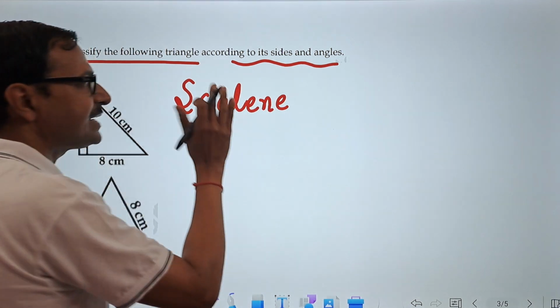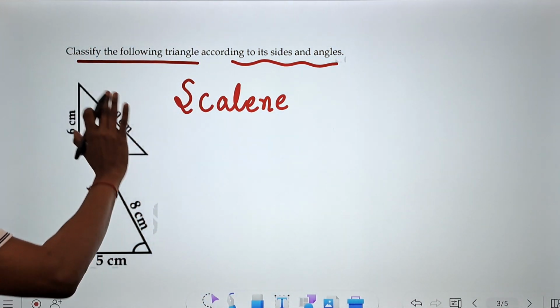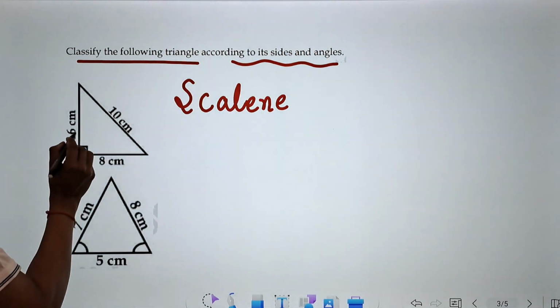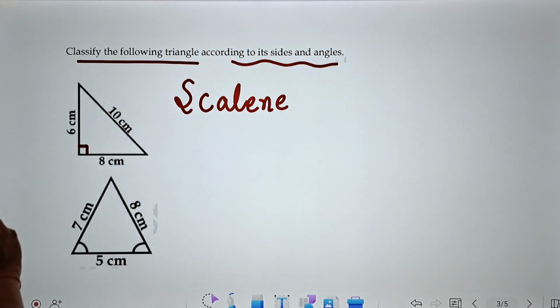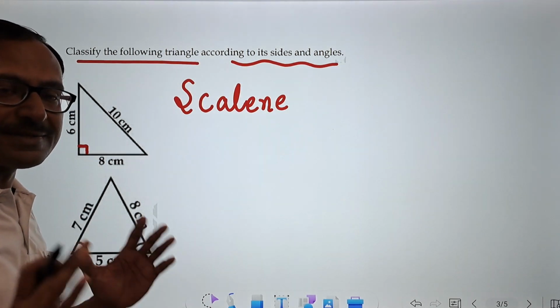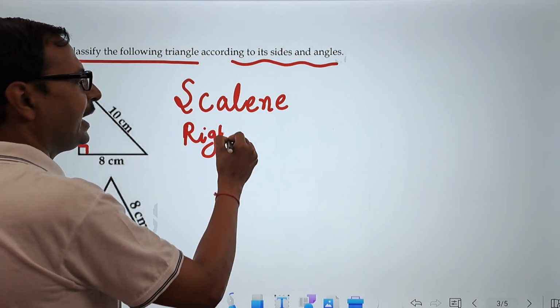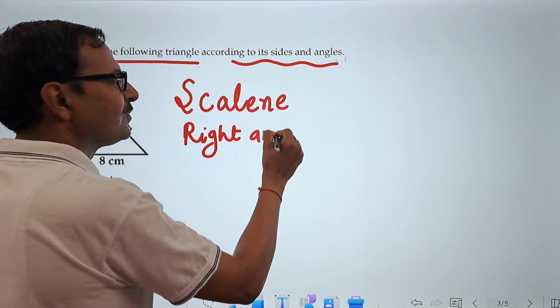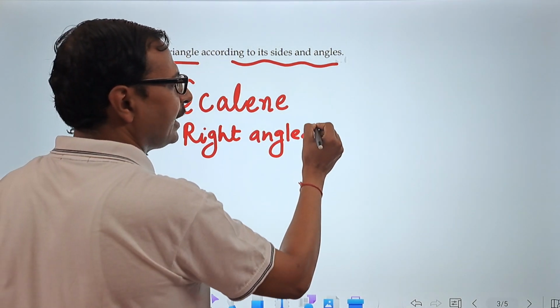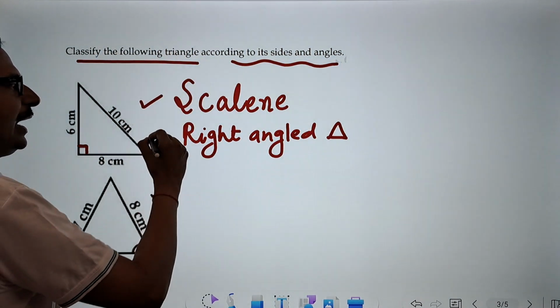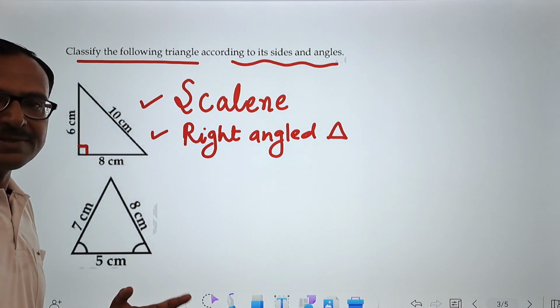So the triangle is scalene if you consider only the sides. But if you consider the angles, here you can see this angle is 90 degree. And whenever one angle of a triangle is 90 degree, it is also called a right angled triangle.